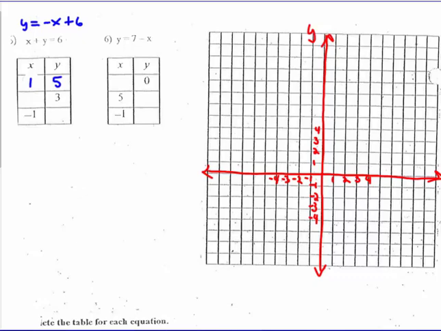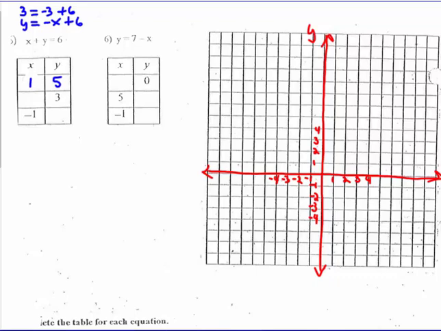When y equals 3, what number does x have to be to get y equaling 3? So you're substituting in, okay, y is 3 equals -x plus 6. Well, that must be positive 3, right? 3, put it in there.